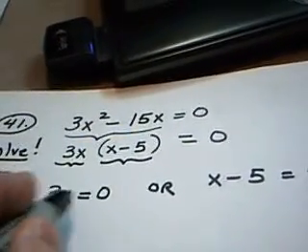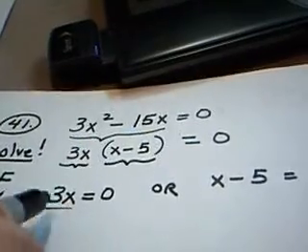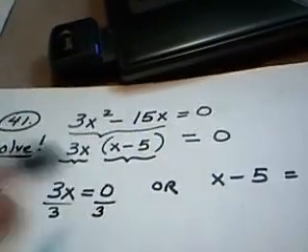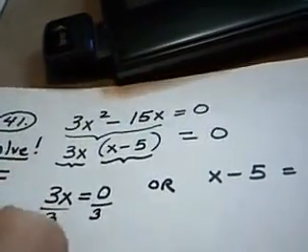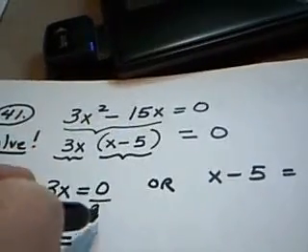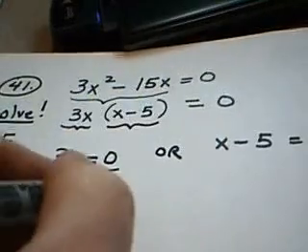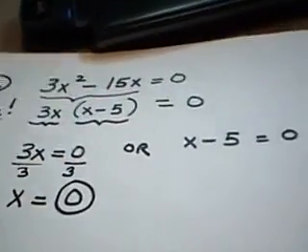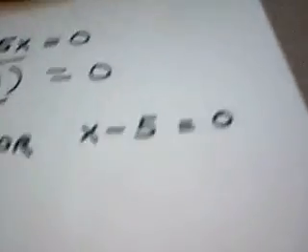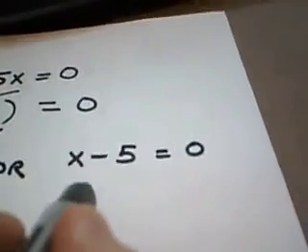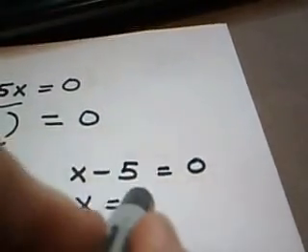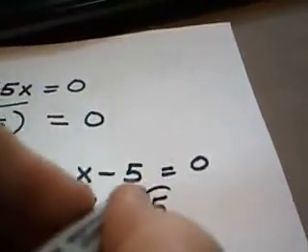If I'm trying to solve this first case, I divide both sides of the equation by 3. I get x equals, and let's not stop here. 0 divided by 3 isn't pretty. Let's finish it. 0 divided by 3 is equal to 0. On the second case, if x minus 5 is 0, then obviously x is equal to positive 5.